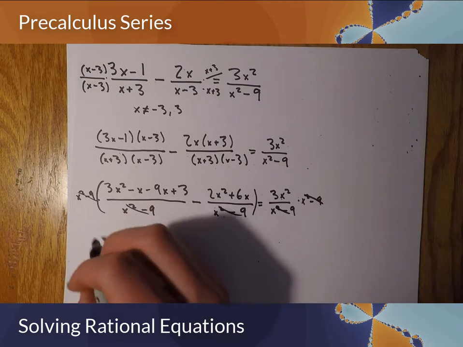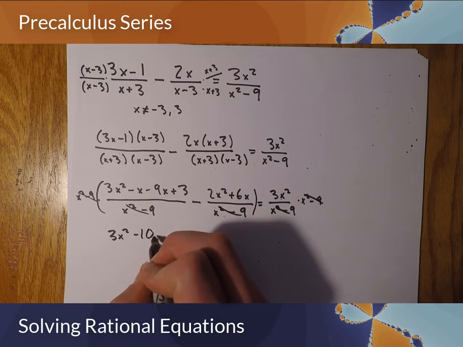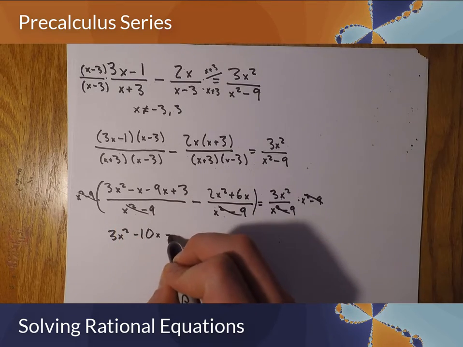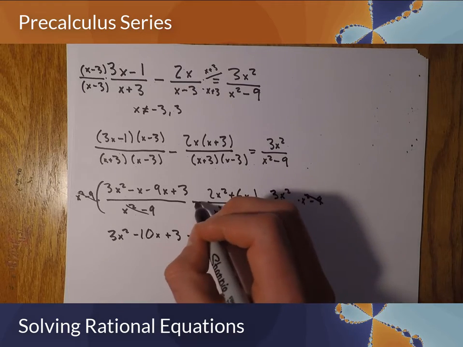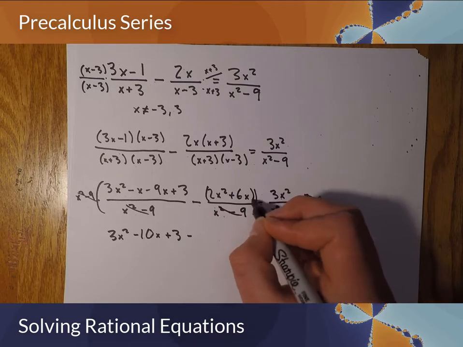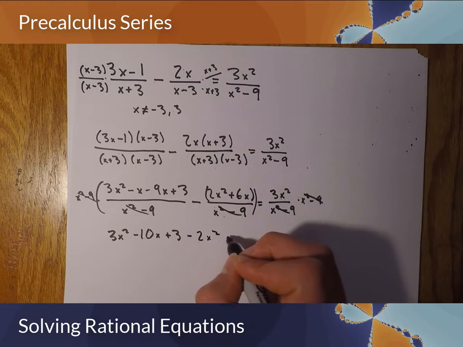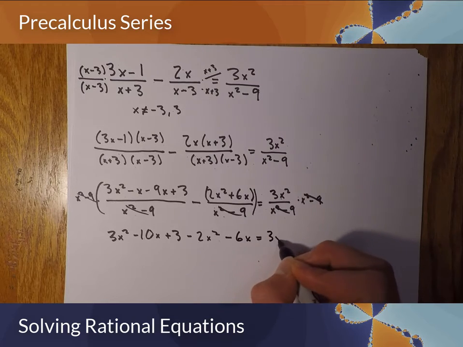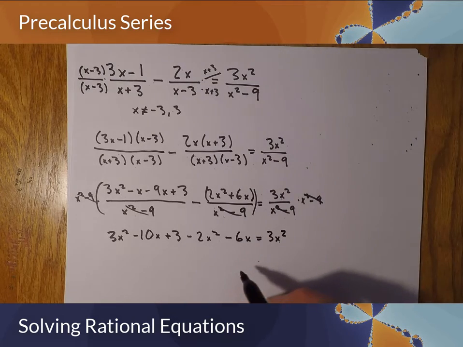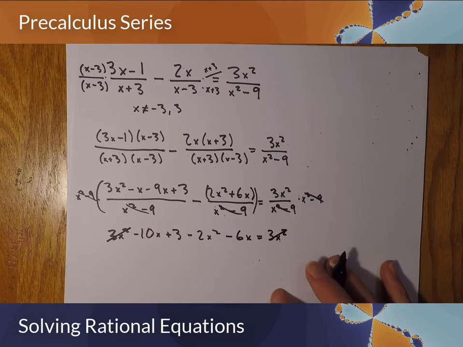And we're left with 3x squared minus 10x plus 3, minus, and this thing is negative because this negative applies to 2x squared plus 6x. So we get negative 2x squared, and then minus 6x, equals 3x squared. And we can see here that there's a 3x squared on both sides, so these cancel out.